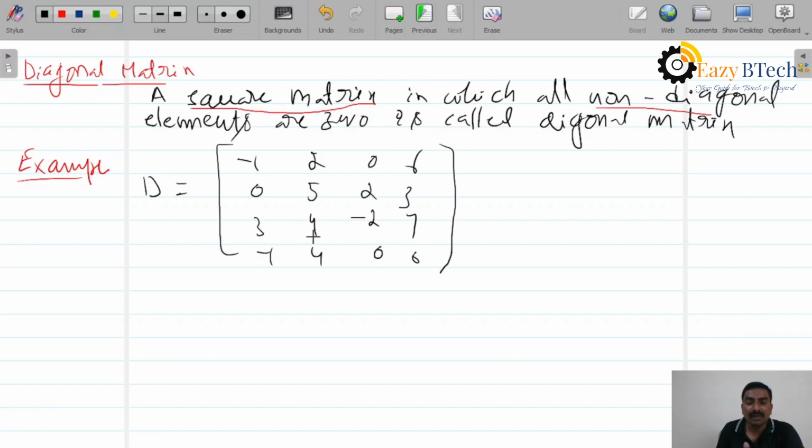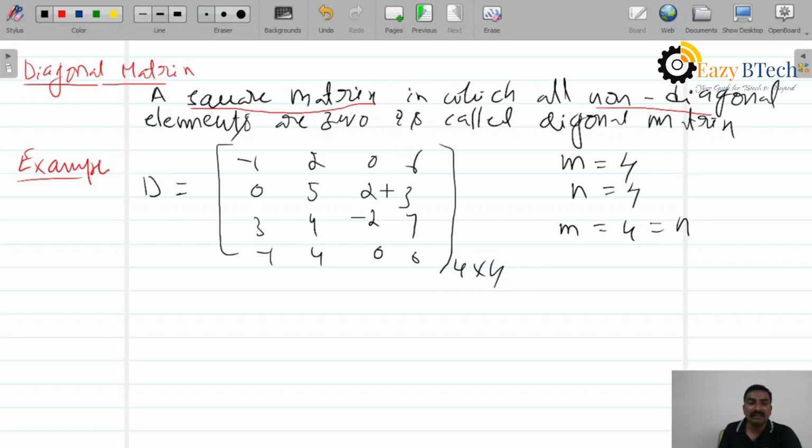First of all we have to test whether the given matrix is a square matrix or not. Why? Because how many rows are here? 1 2 3 4. Therefore number of rows m equals 4. The number of columns: 1 2 3 4. Number of columns n equals 4. Therefore the number of rows and columns are both equal. Therefore this is a square matrix of order 4 by 4.